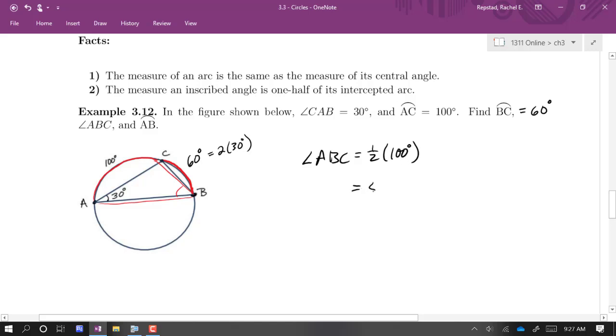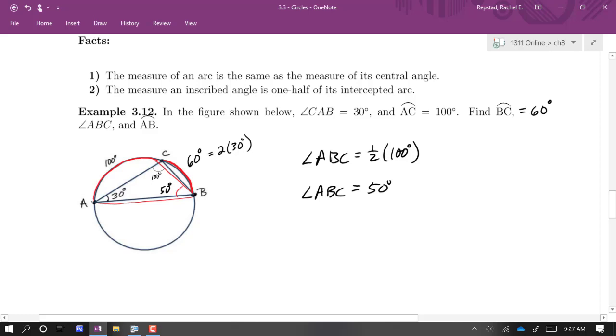So that's 50 degrees. That would allow us to find ACB, but they didn't ask us for it, because we know how to find it. That's a triangle, so that would have to be 100 degrees.